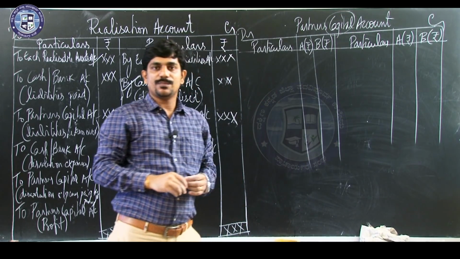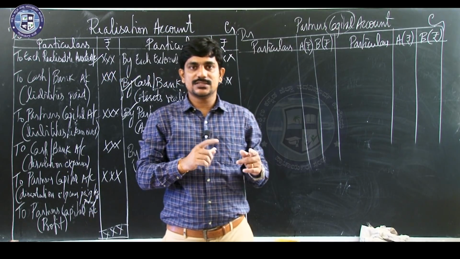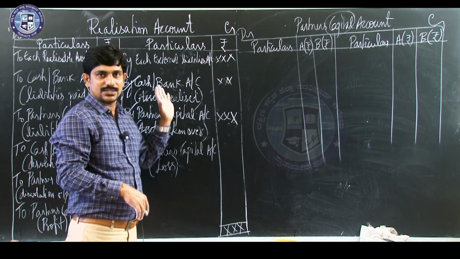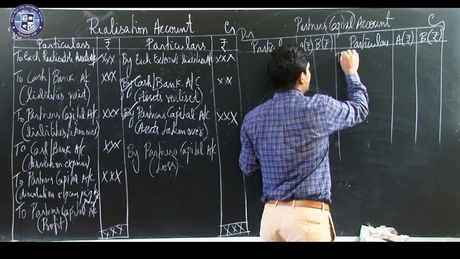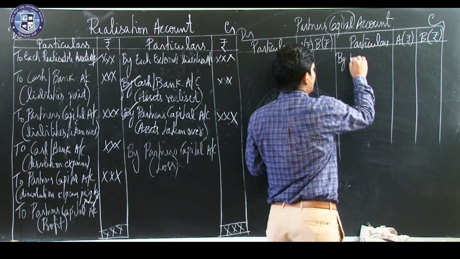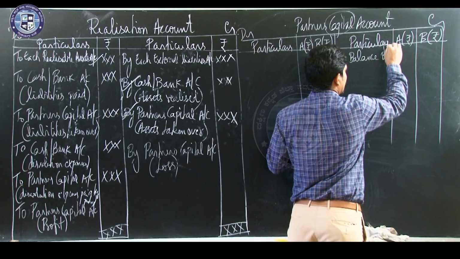Now, capital is what? Part of liability. So, you know the accounting equation, assets is equal to liabilities plus capital. So, you will record liabilities and capital under one side only, the liability side. Because it is part of liability, it shows a credit balance. So, the opening balance of capital is recorded under the credit side.